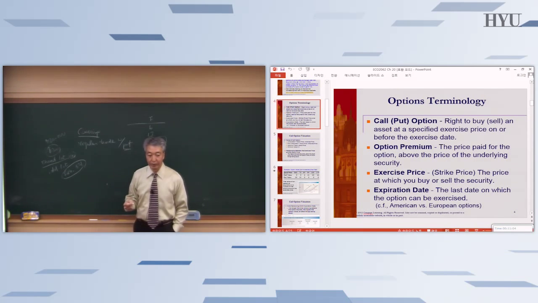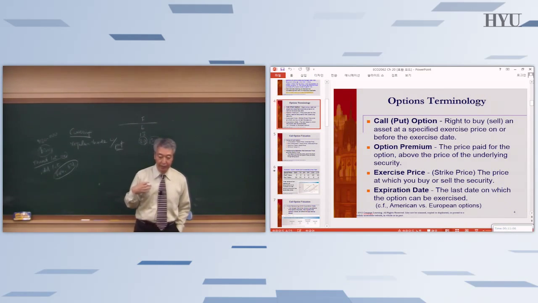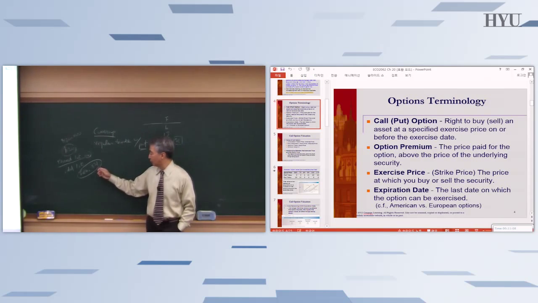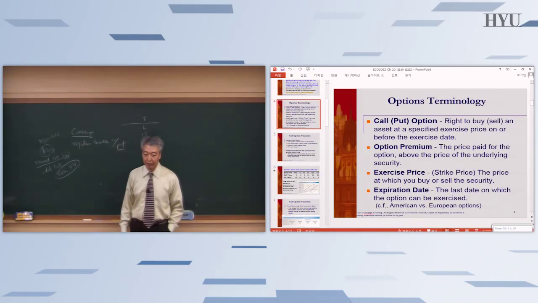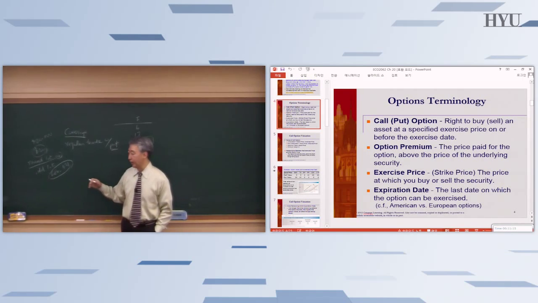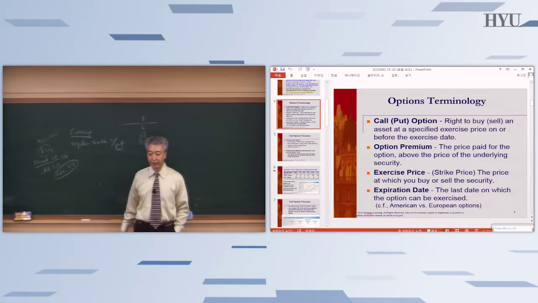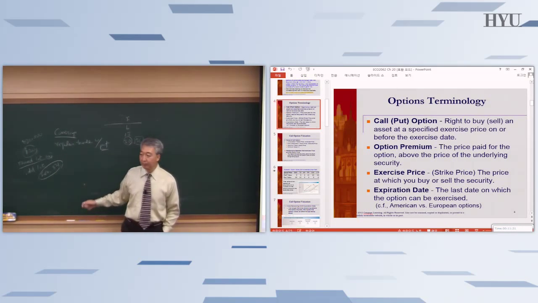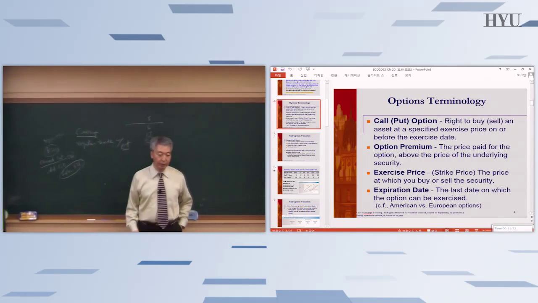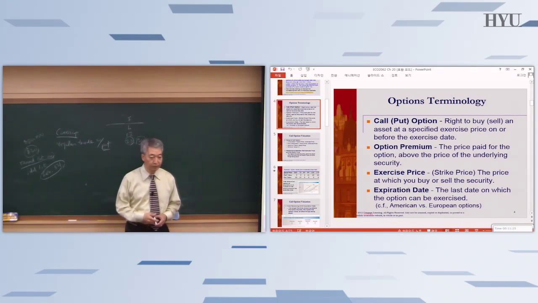What that means is I'll have to buy 1,000 shares of GE stock from you, and I have to pay $21 per share to you. That's guaranteed. At that time, if the GE stock price is above $21, what are you going to do?